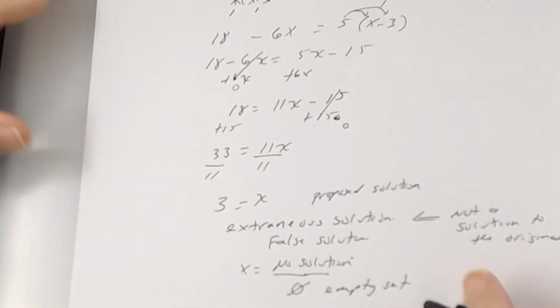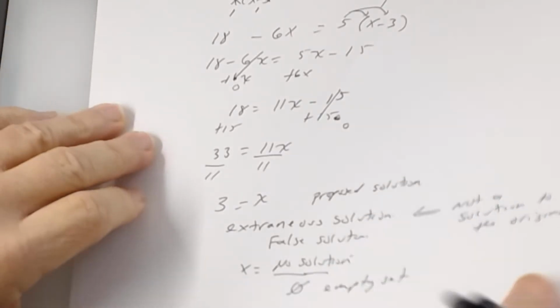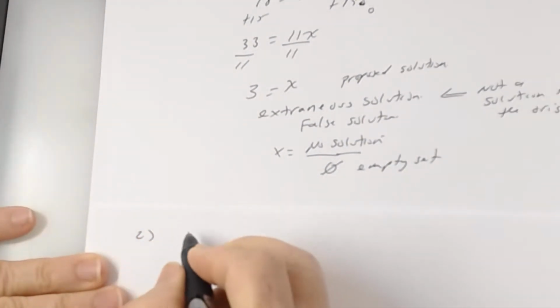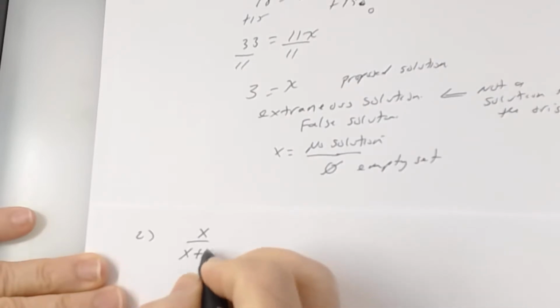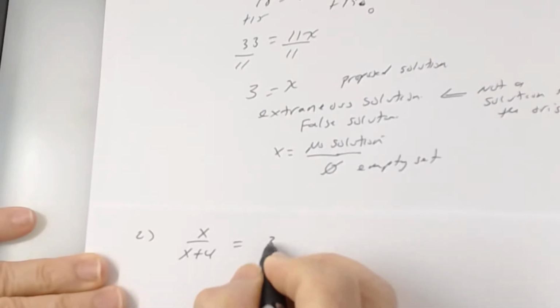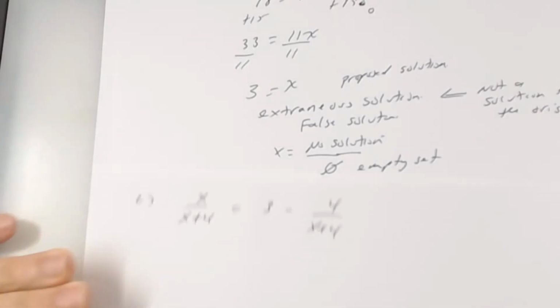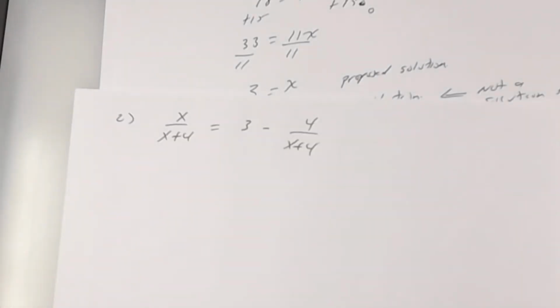All right, so that's number 1. Let's look at another one. Let's look at this one. So in this one, let's suppose you have x divided by x plus 4 equals 3 minus 4 divided by x plus 4. All right.